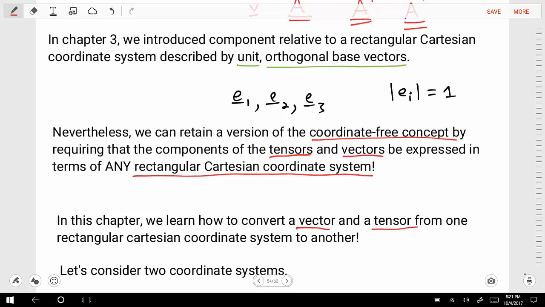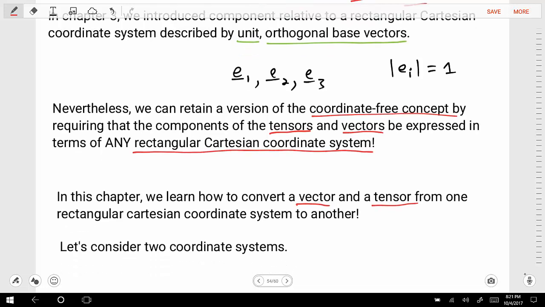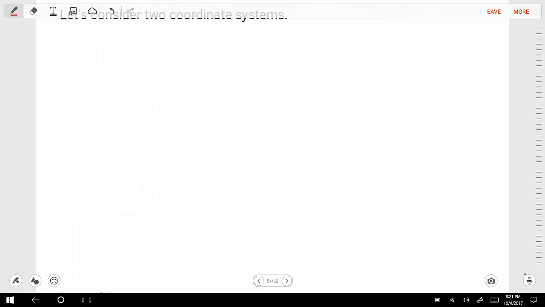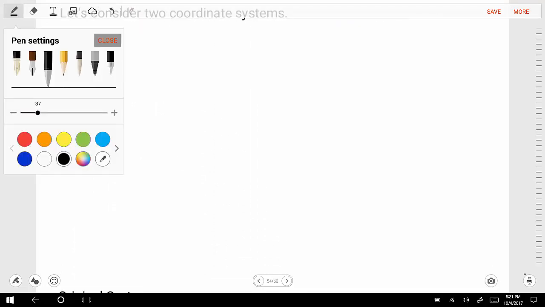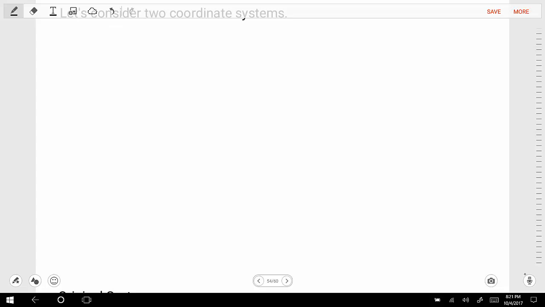So let's start with drawing two coordinate systems. Let's draw two rectangular Cartesian coordinate systems. Let's start with one we're all very familiar with.